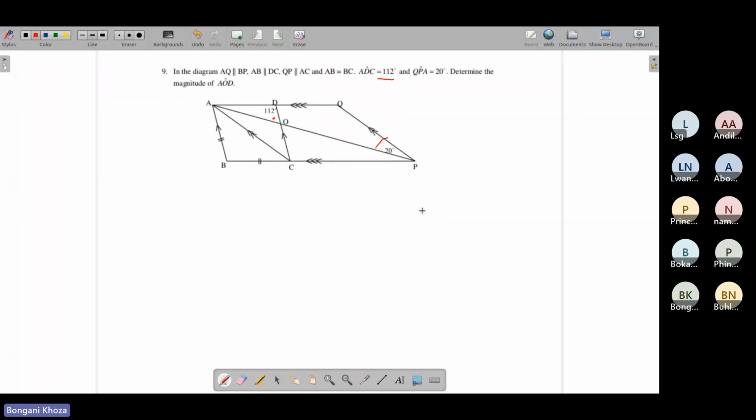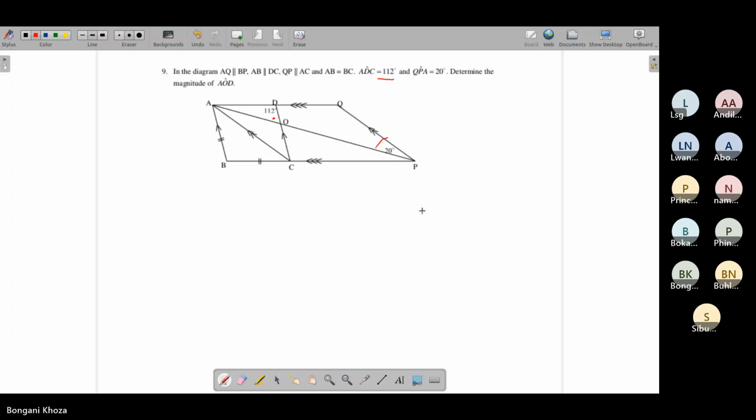Still can't see it. Can you see it now? Are you able to see it now? Okay, I guess that's a yes. People are quiet.